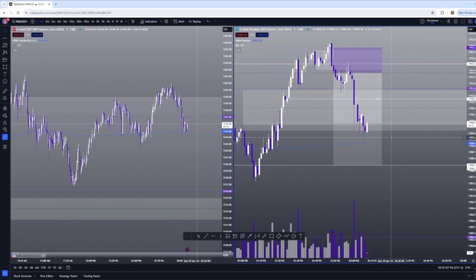We reaped the benefits. Is anybody still holding this trade? Is everybody sold? What are you guys doing? What are your guys' trades looking like here? You're out, nice. Oh, almost back to break even. Nice. Out. Still holding. Out. Okay, sick.